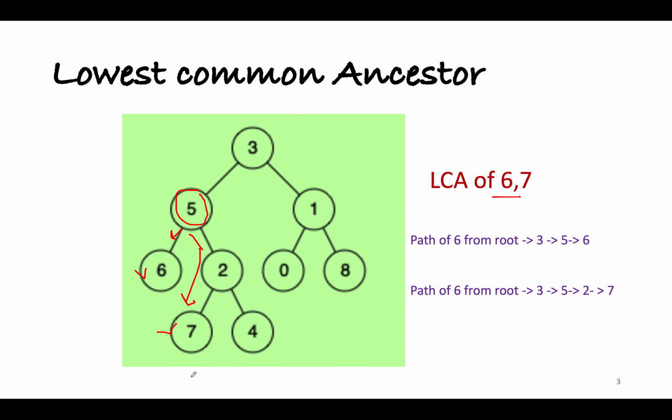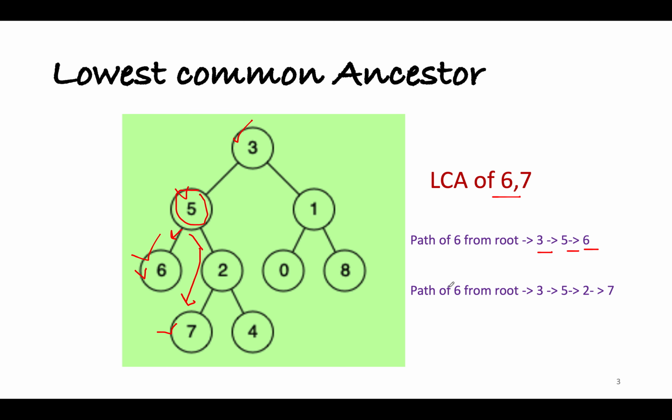So if you are reading this question for the first time, how will you solve it? You will try to find the path of the first node starting from the root node, which would be nothing but 3, 5, 6. So I have created a list where I stored the path from the root up till the first node: 3, 5, 6.